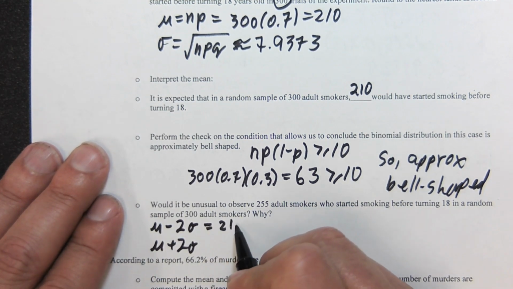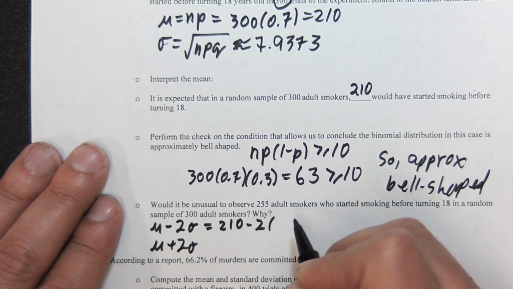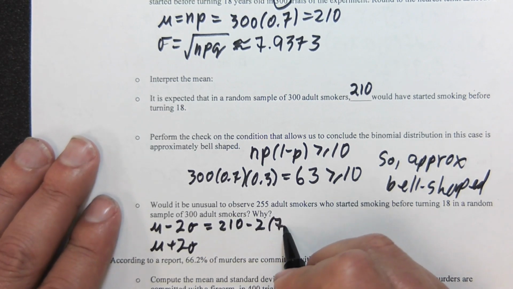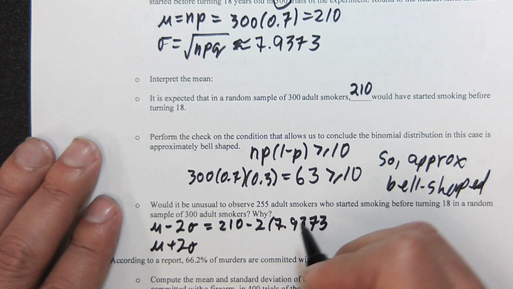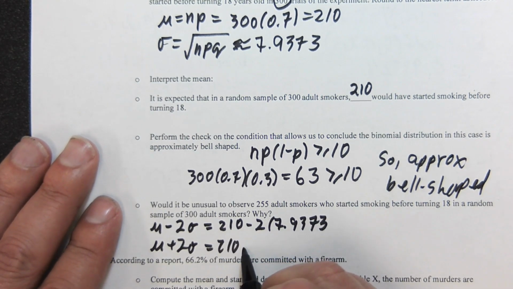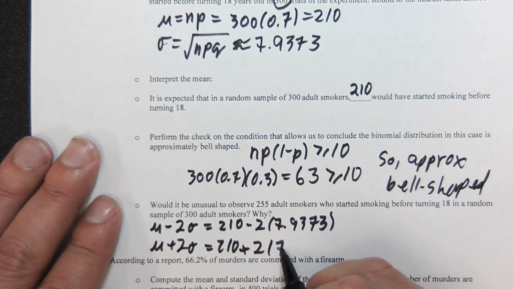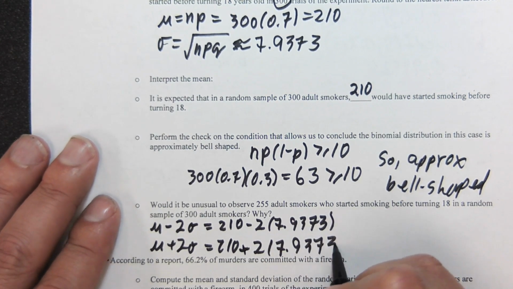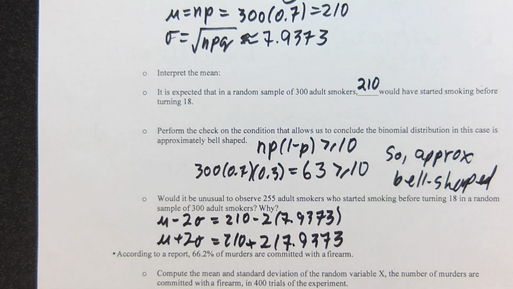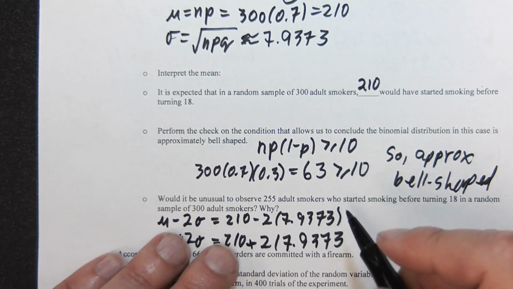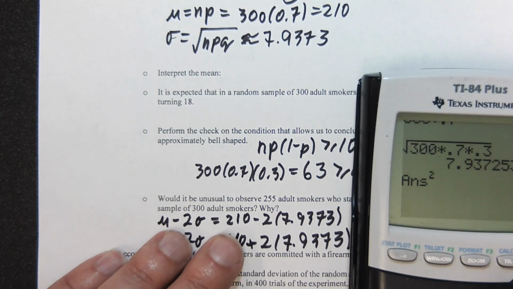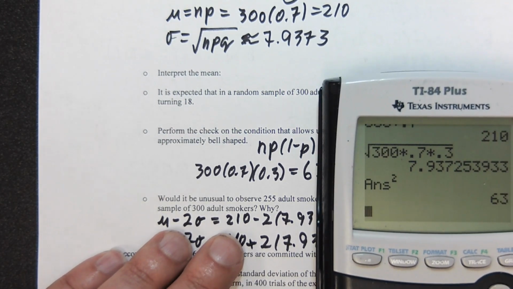That's 210 minus 2 times 7.9373 and 210 plus 2 times 7.9373.